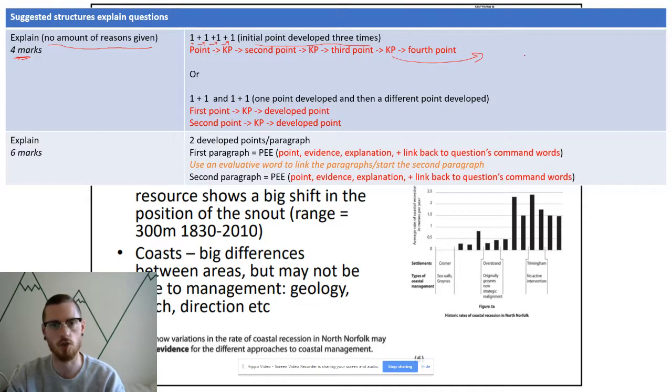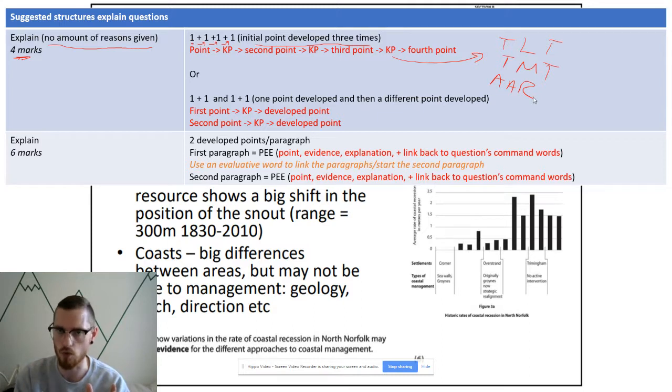My key phrases, you should all know that I love: this leads to, this means that, as a result. Whatever other connective phrases you use, I like them because this causes, this leads to is all about explaining. This means that is analysis. As a result, forces you to evaluate. So if it says one reason, you've got to do that.